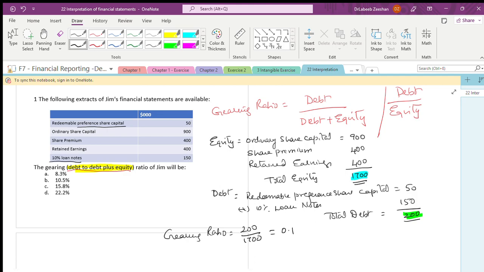0.12. Check again. 200 divided by 1700. 0.117. Okay, or 11.7. Is it right?